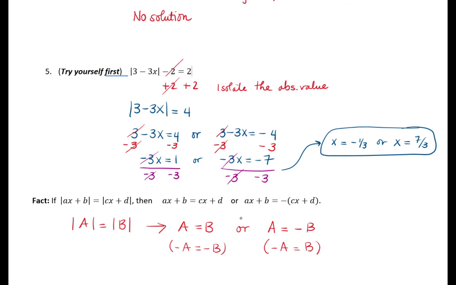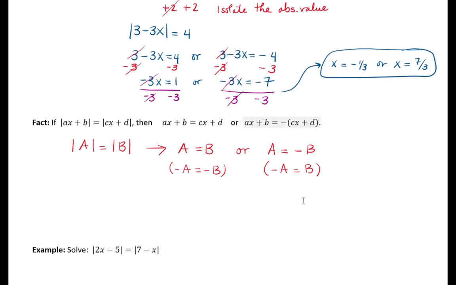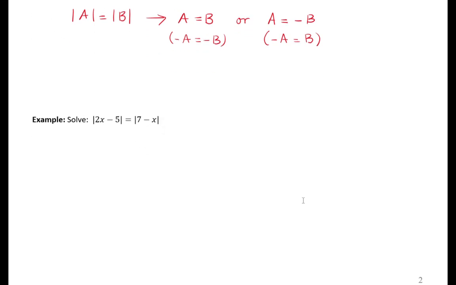So in this case, let's solve a problem. For example, this problem. We have absolute value of 2x minus 5 equals 7 minus x. So we use the same argument. We have 2x minus 5 equals 7 minus x, or we have 2x minus 5 equals negative (7 minus x).